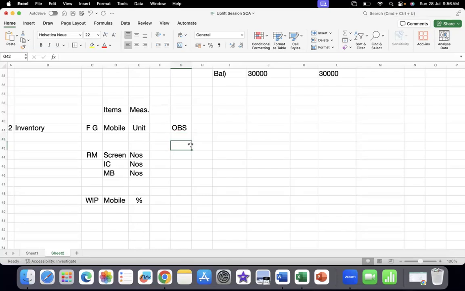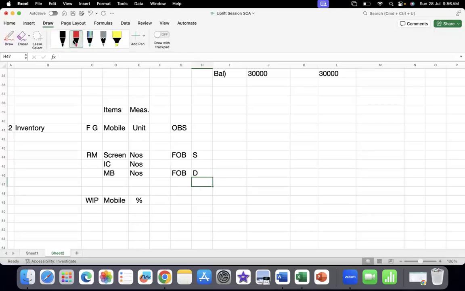Then there is something called FOB, that is freight on board, shipping, and freight on board, destination. So what it means, it is just a small concept for fixing your liabilities.